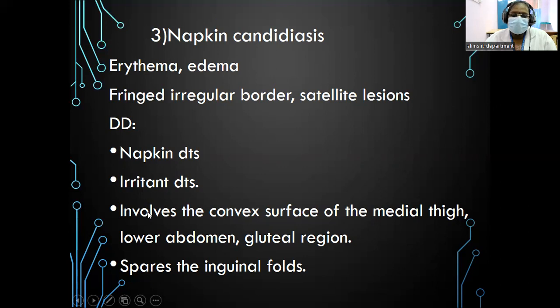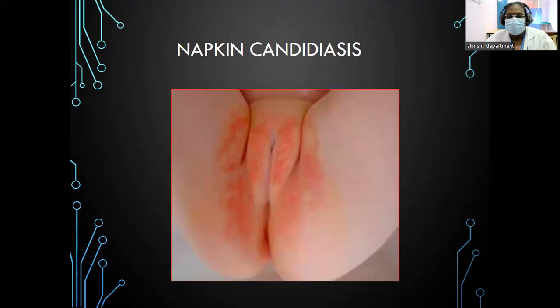Napkin dermatitis involves the convexity of the gluteal folds, lower abdomen and gluteal region at the site of contact with the napkin. Napkin dermatitis spares the inguinal fold. Only the convexities of the thigh regions are involved.